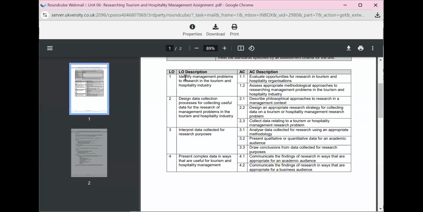So that's what we learned during our lesson. First of all, the learning outcome was to identify. If you want to set a little bit of introduction, first, so that's what we have.